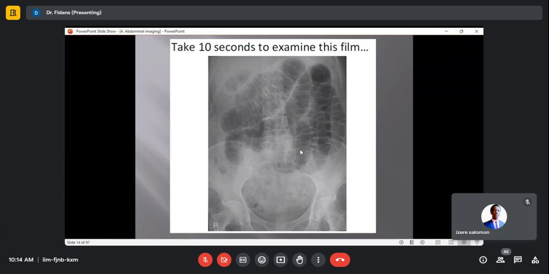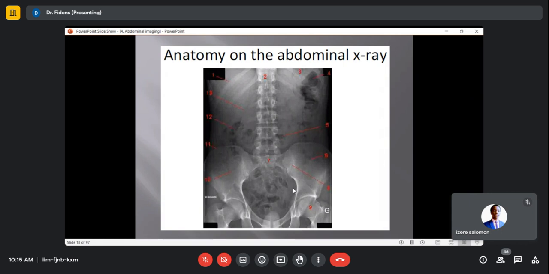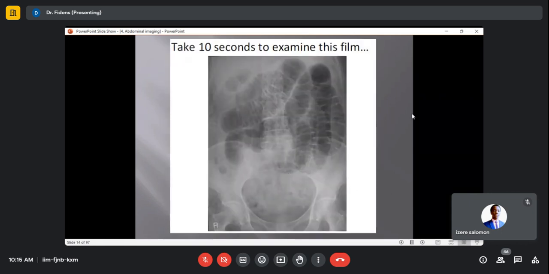There is a small bowel. Yeah. Another structure, please. Any structure as you have seen on the previous. You remember you have seen many structures here, but what are you able to see here?